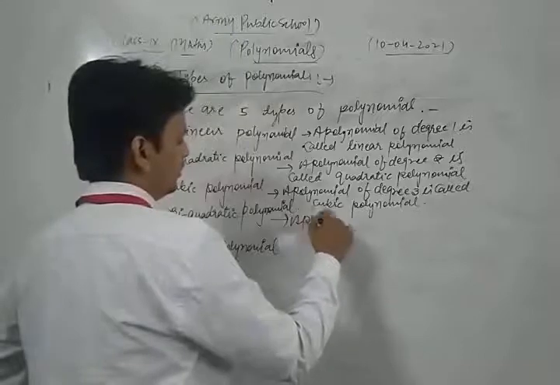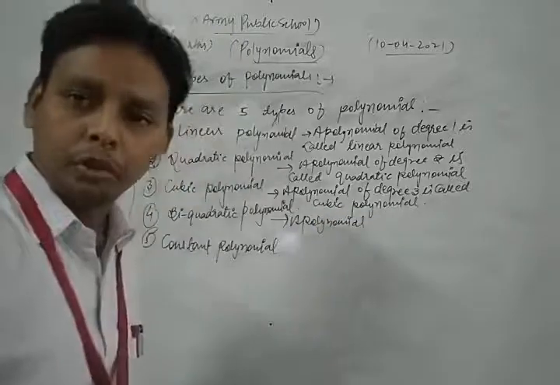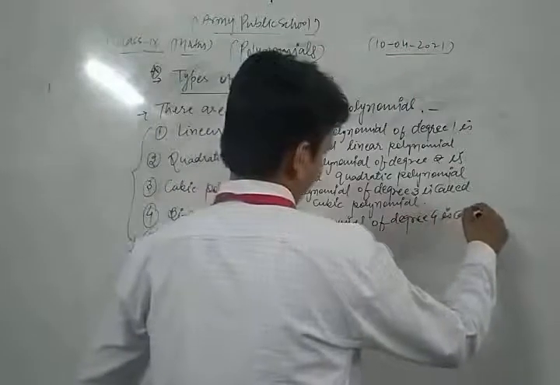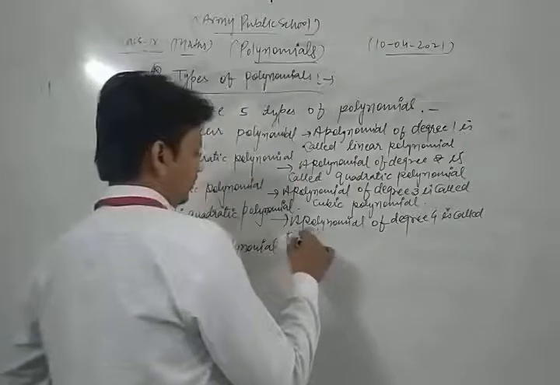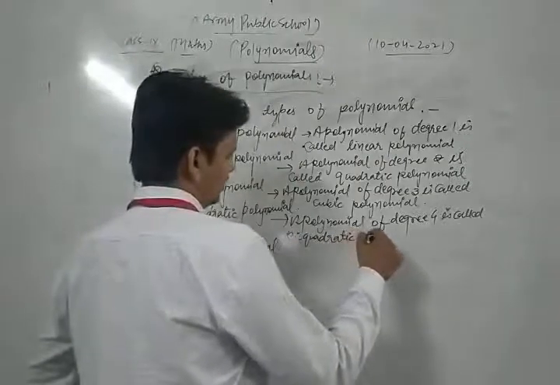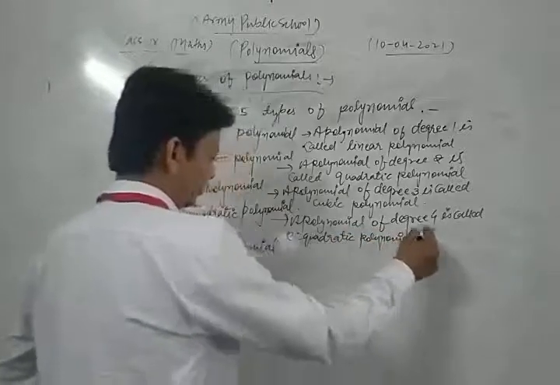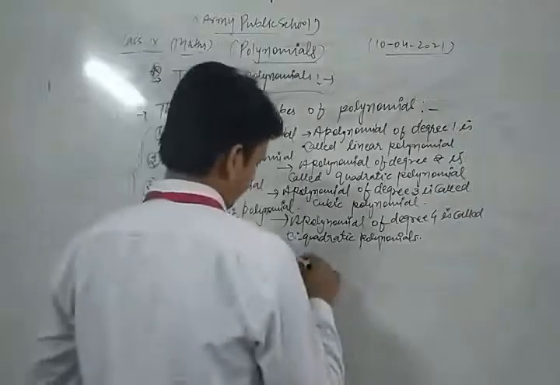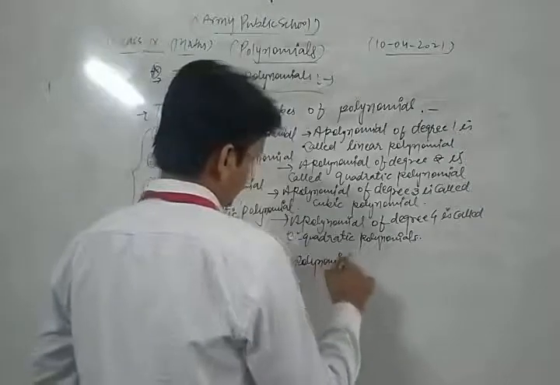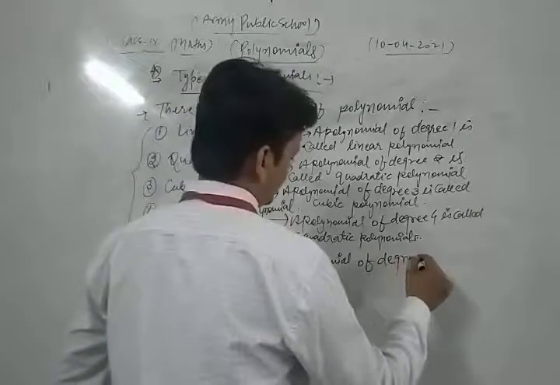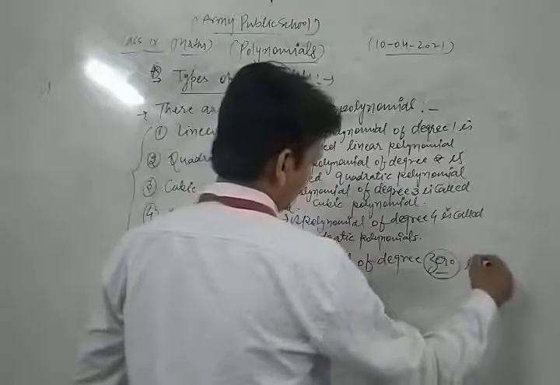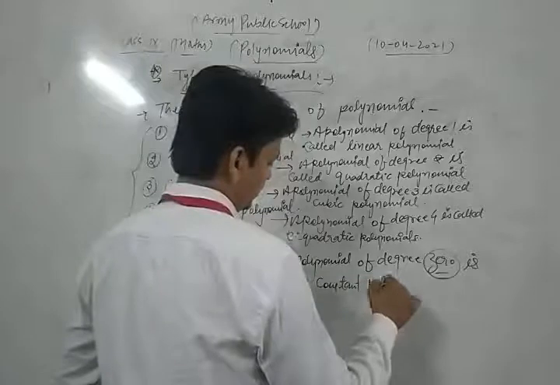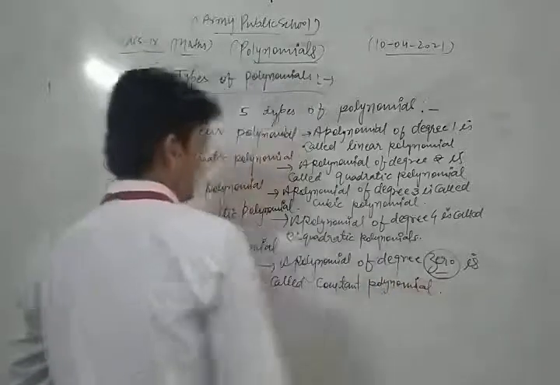A polynomial of degree 4 is called biquadratic polynomial. And the last one is also very important: a polynomial of degree 0 is called constant polynomial.